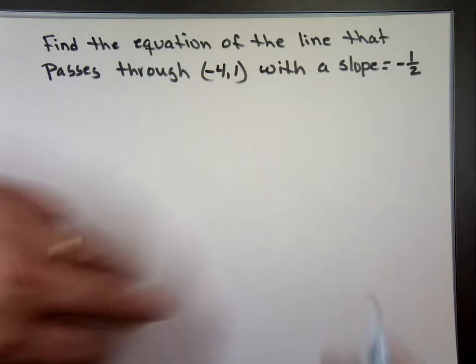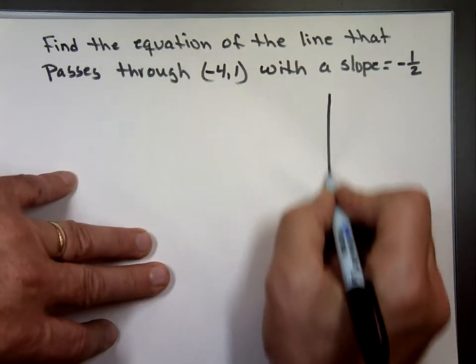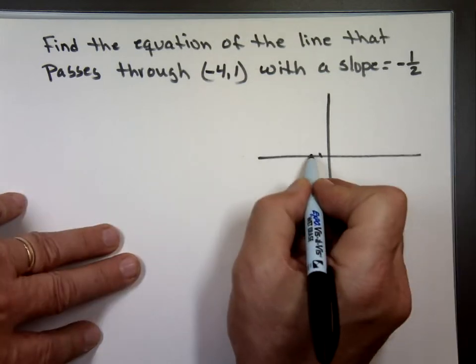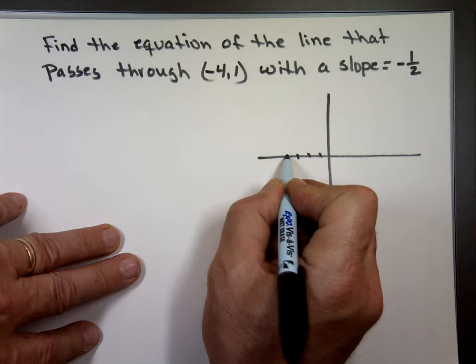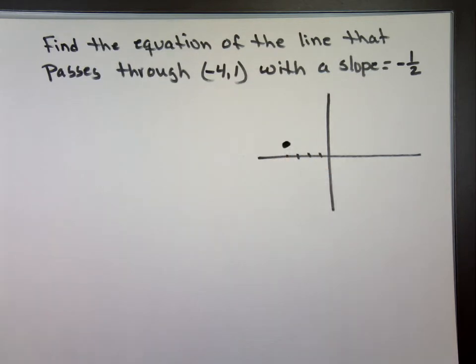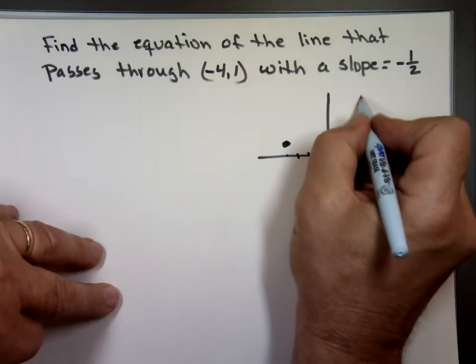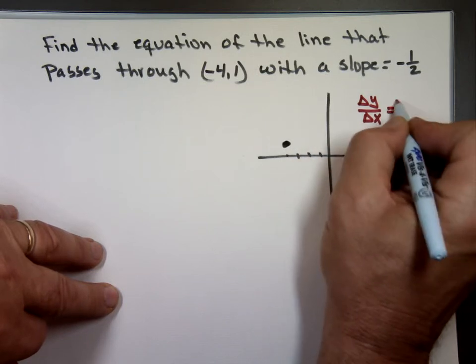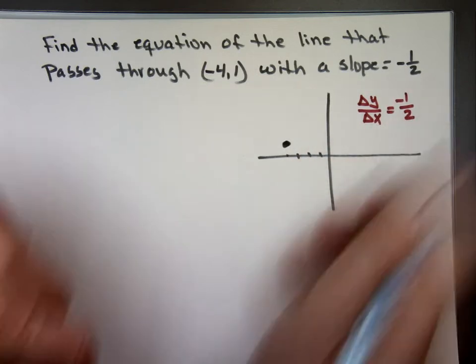Now, if I graph it, which we don't care about, just to show you what that graph looks like: minus 1, minus 2, minus 3, minus 4, and 1. It passes through that point. That's 1 point. The slope is negative 1/2. What's the definition of a slope? Delta y over delta x equals minus 1 over 2.